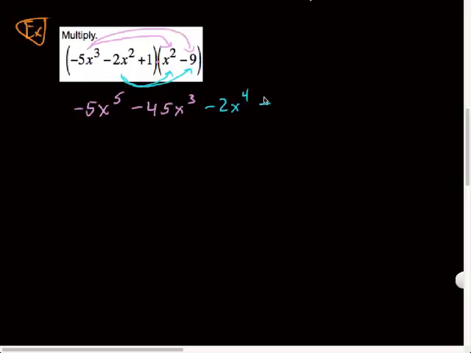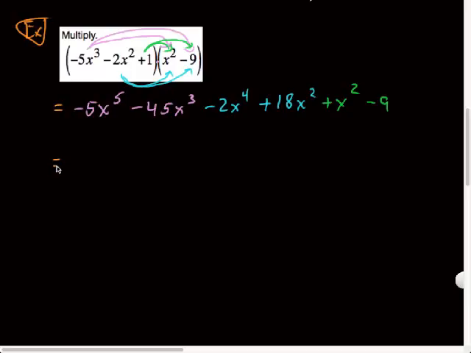Or no, negative times a negative, friends. Positive 18x squared. And let's distribute this last one, the positive 1. So 1 times x squared is plus x squared. And 1 times negative 9 is minus 9.